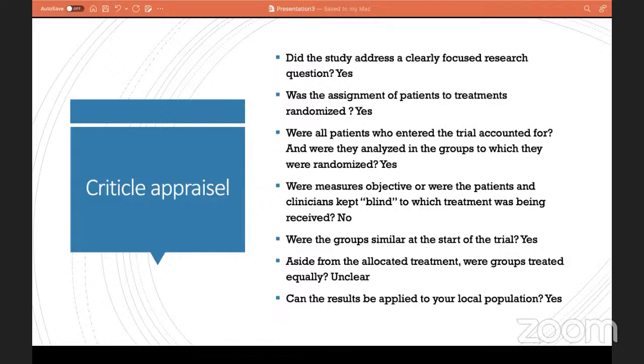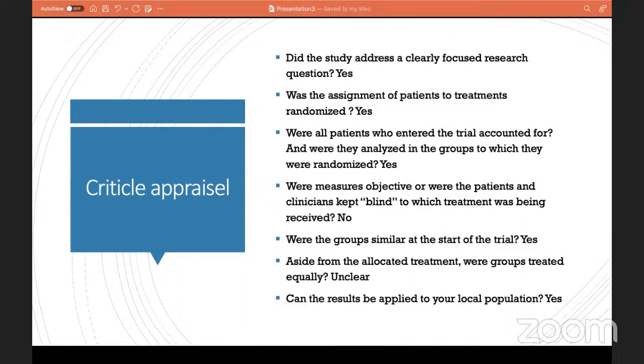For the critical appraisal: did the study address a clear focused research question? Yes. Was the assignment of patients to treatment randomized? Yes. Were all patients who entered the trial accounted for, and were they analyzed in the groups to which they were randomized? Yes. Were measures objective, or were the patients and clinicians kept blind to which treatment was being received?